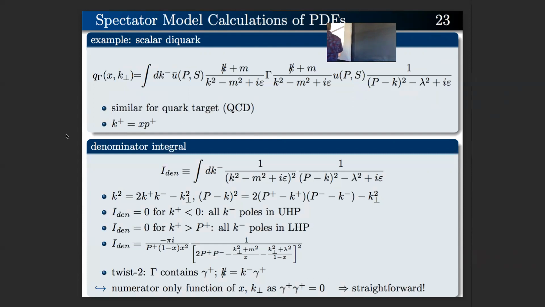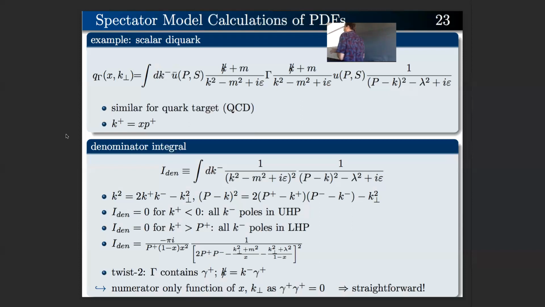And if you have stuff in the numerator, in most cases it's only infinitesimally more complicated, except if you get K minuses in the numerator. When that happens, all hell breaks loose, okay?